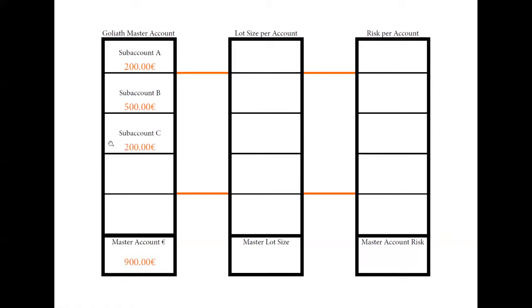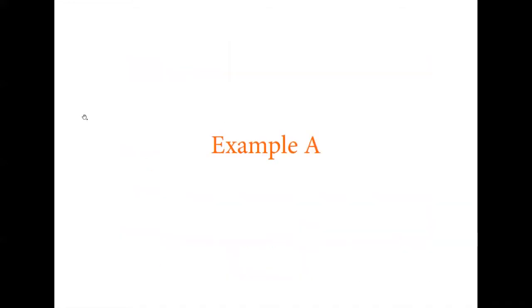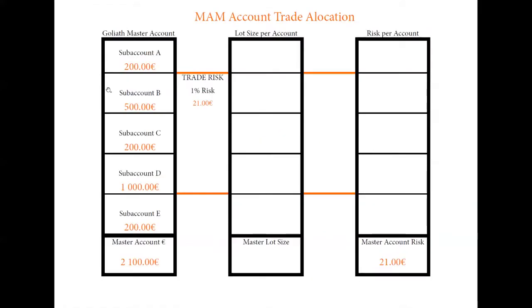Same here, another sub-account with 200, the master account has 900. Another sub-account with 1000, the master account would have 1900, and another sub-account with 200 would mean the master account has 2100.